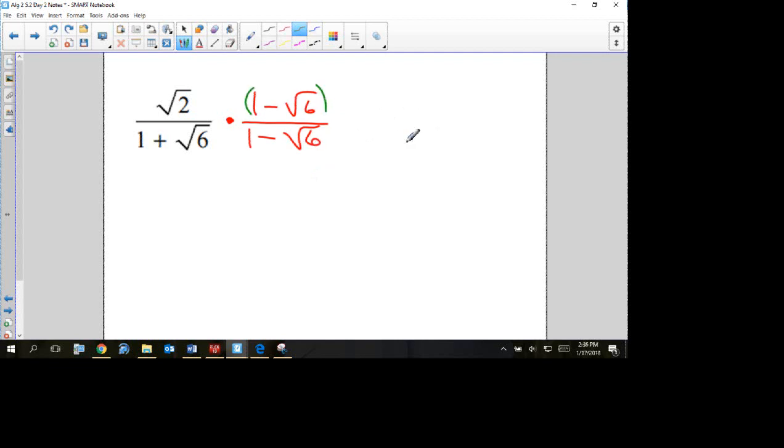These are all in parentheses, even though they are not written there for you. So on top, we distribute. I get radical 2 times 1 is radical 2. Minus, when I get radical 2 times radical 6, they're both square roots, so multiply them together, square root 12.